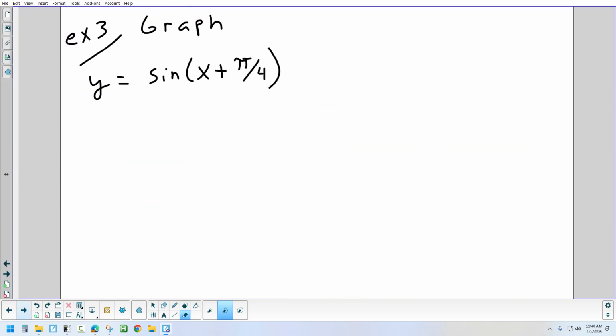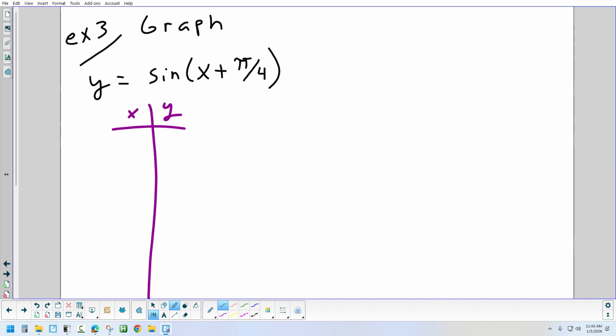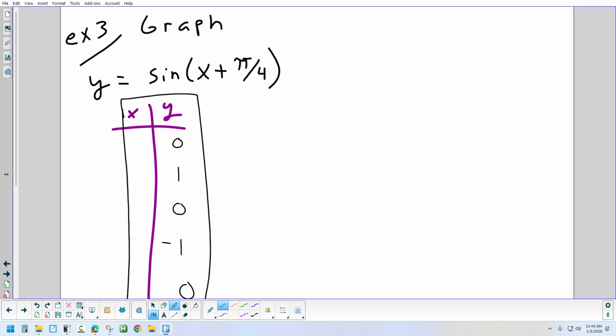Let's try this one. So this will be our last horizontal, and then we'll finish with vertical. One more time, which column stays the same? Yep, the y column stays the same. And what are my y's for sine? Yep. 0, 1, 0, negative 1, 0. Okay, so I got my original y's, which are the same as my final.